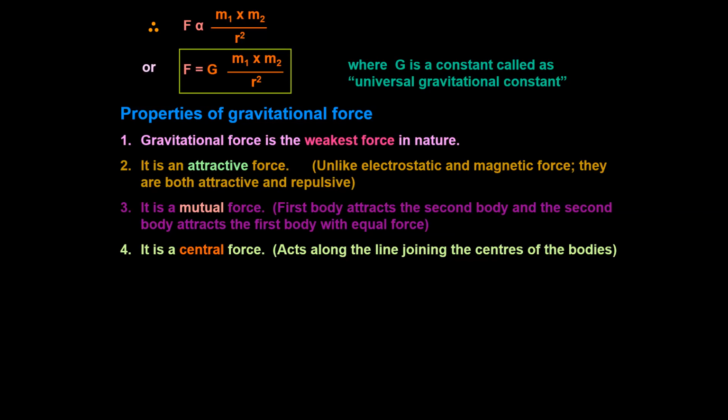G is a constant value, the universal constant. Gravitational force is the weakest one. It is an attractive force. It is a mutual force. It is a central force. All these points you must write for getting 3 marks or 5 marks. Are you all with me?